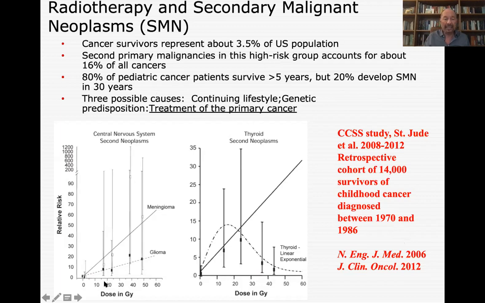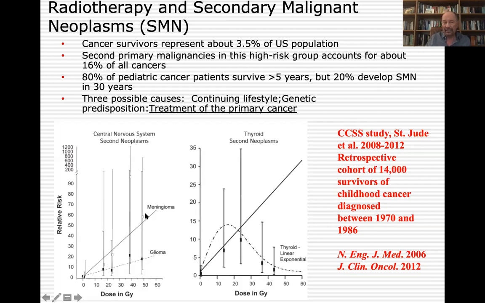And this is clear in some cases, like in the CCS study, which is done in St. Jude. St. Jude is the main pediatric hospital in the world, so they have very large statistics. They worked on 14,000 survivors of childhood cancer.